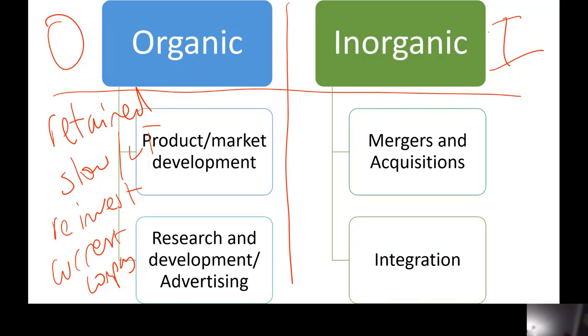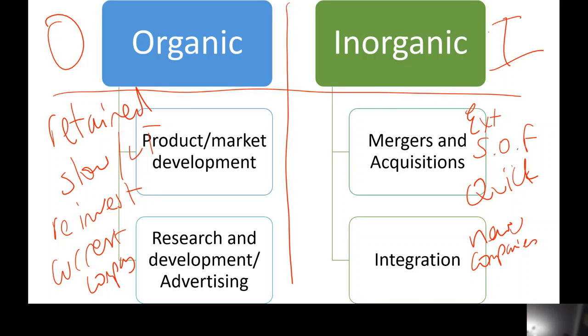In terms of inorganic growth, that was about external sources of finance. This was quick, and it involved a new company or companies combining, and that would lead to a much greater increase in profits in the short term.